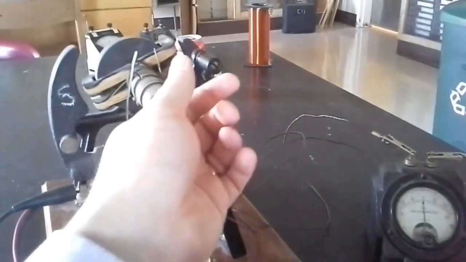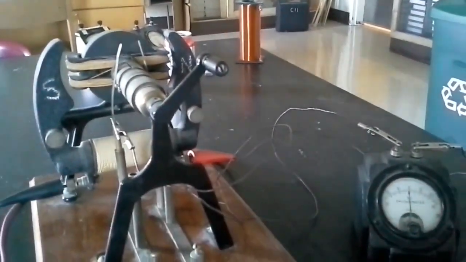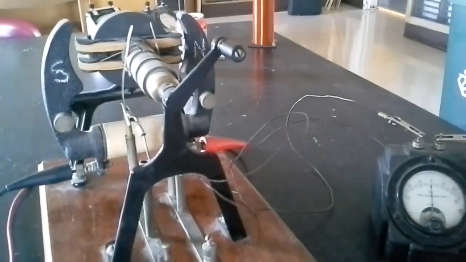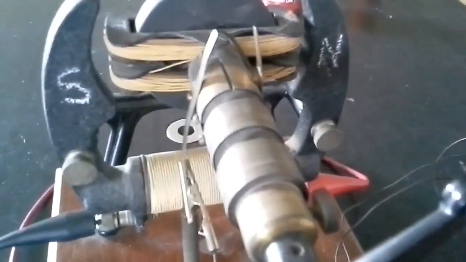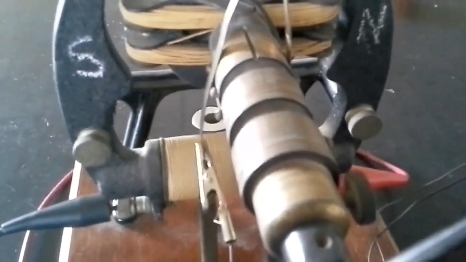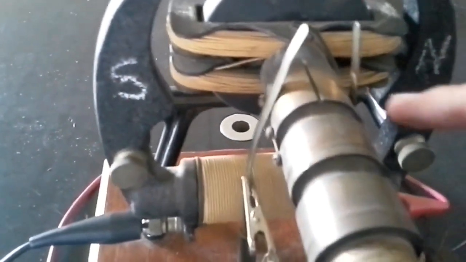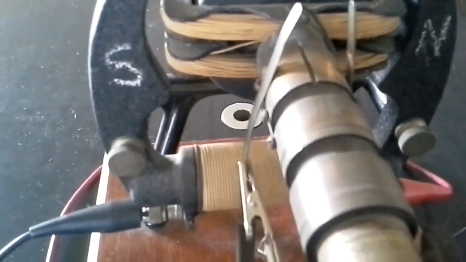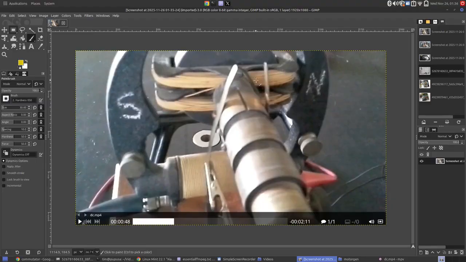So that's really different behavior than before, and I want to explain how. It has to do with the configuration of the brushes. So notice they're no longer hooked up here and here like they were before. We know that in the coils of wire we have an alternating current, but we're going to add in something called a commutator, which is this piece right here, actually both sides of it.